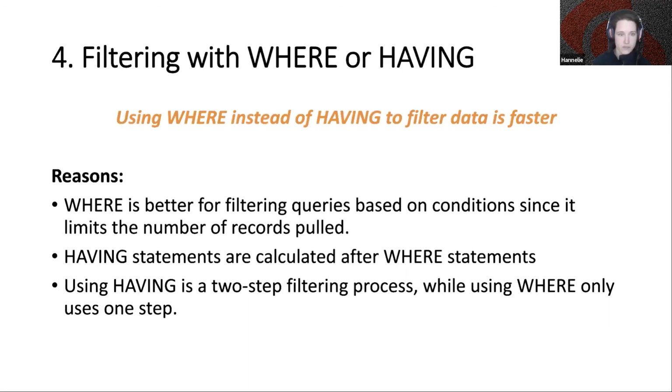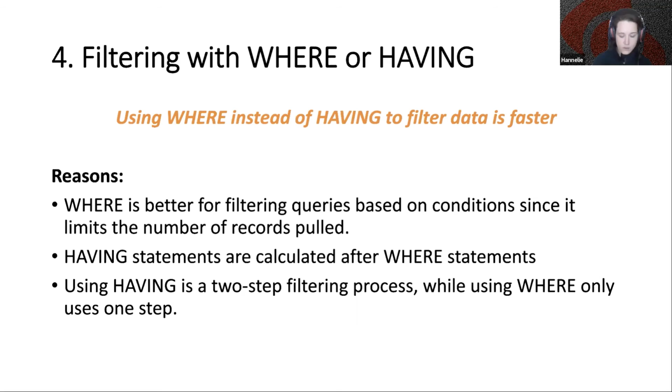Okay, next example. So example 4, we're going to talk about filtering with WHERE or with HAVING. Using WHERE instead of HAVING is much faster. WHERE is better for filtering queries based on conditions, since it limits the number of records pulled, but HAVING collects or retrieves all the records in the table.